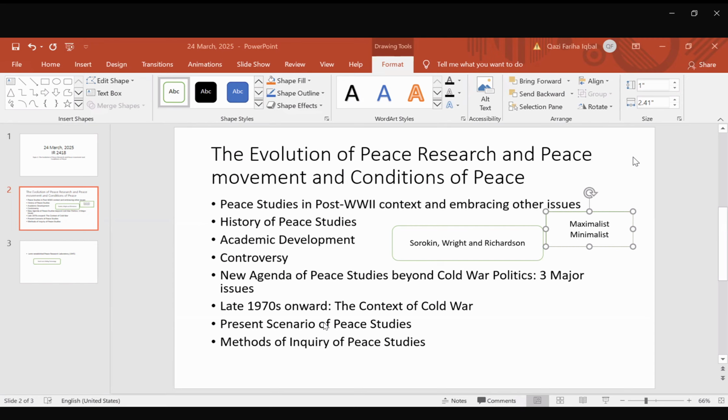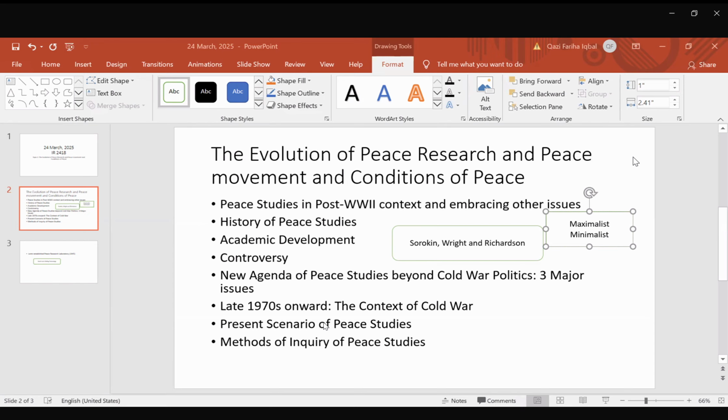Number 4, it focuses on multi-level analysis. What sort of multi-level analysis? In our statist perspective, we focus on internal and external affairs of the state. Especially when we do foreign policy analysis, we focus on external and internal factors. However, peace research focuses on multi-level analysis.